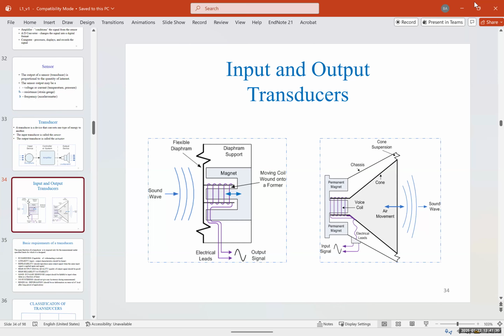And then an interesting thing is that scientists were able to find devices that use cameras to record sound. The way they do it is they shine a laser on a wall, and when we speak in this room, the wall starts vibrating, and by recording the vibration, you can convert that to sound.